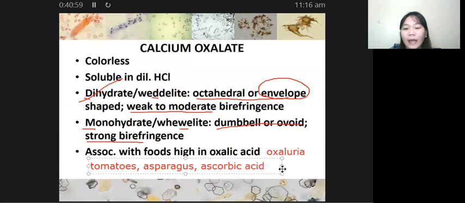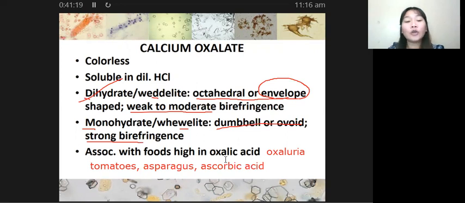Take note, this is in general, but usually the type of CAOX that we see is the dihydrate form. They are usually formed as a consequence of oxaluria.